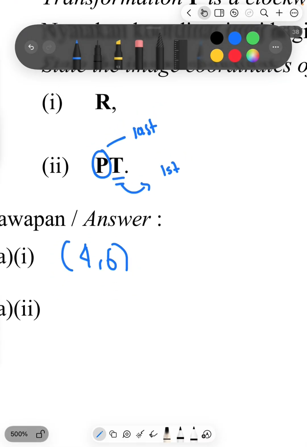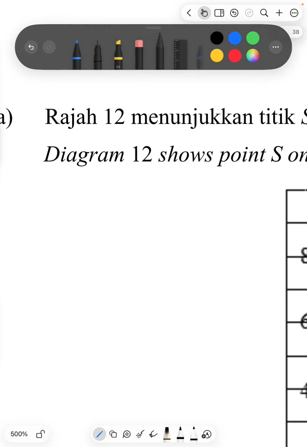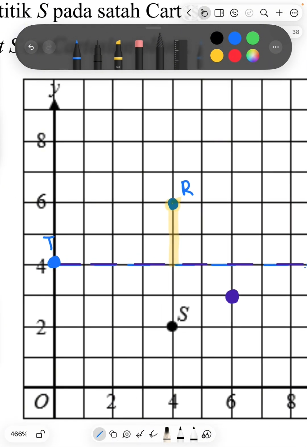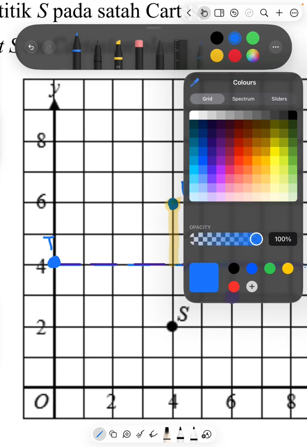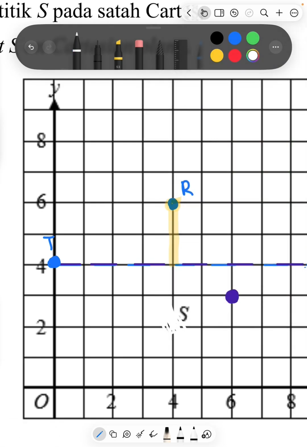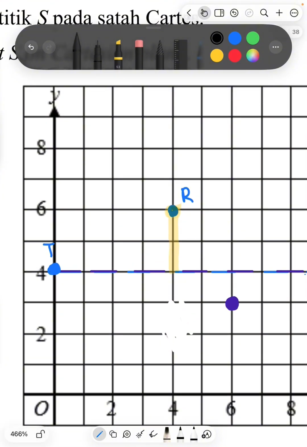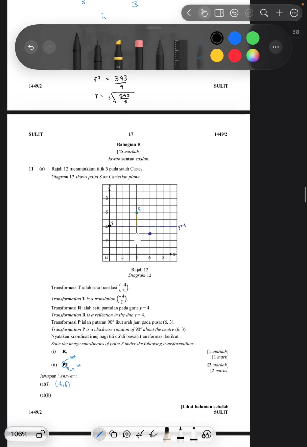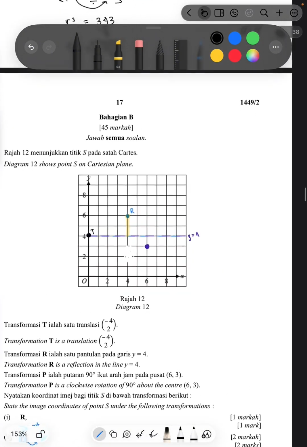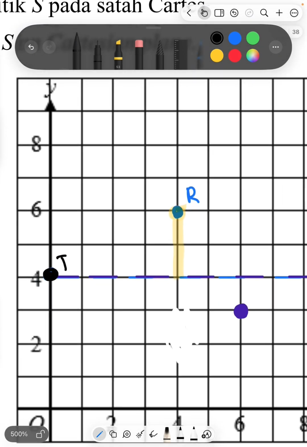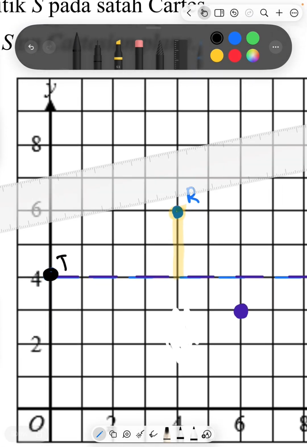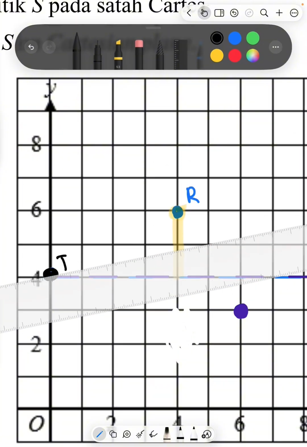Okay? We want to do P. P, the last transformation. So now that we already have T, we ignore S completely. Like, forget about S. We focus on T. So, what was it? P is a clockwise rotation of 90 degrees about center (6, 3). So what I like to do is I take a ruler.